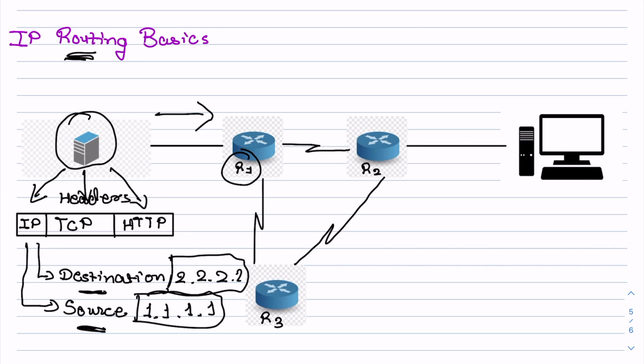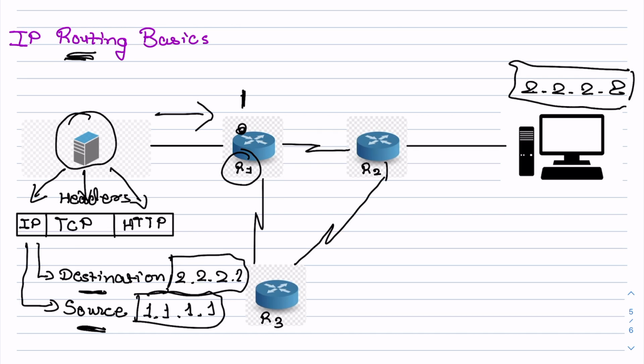Once the data is here, R1 will check the IP address. Okay, let me see what the destination of this mail is. If the destination of this mail is 2.2.2.2, which is the IP address of this computer, then the router will think, okay, this destination is toward this way, so I have to send it to router 2.